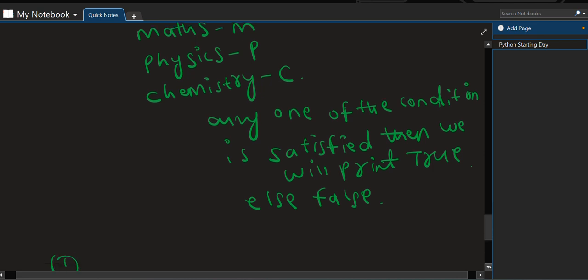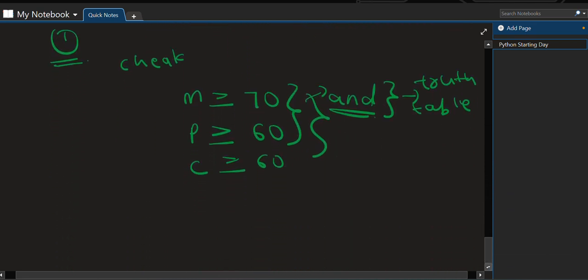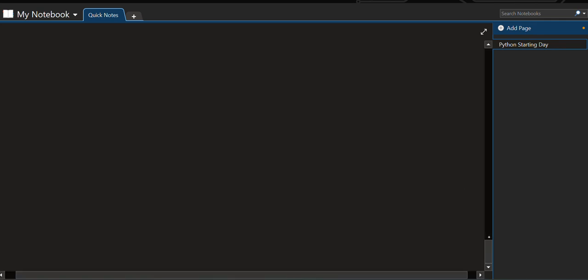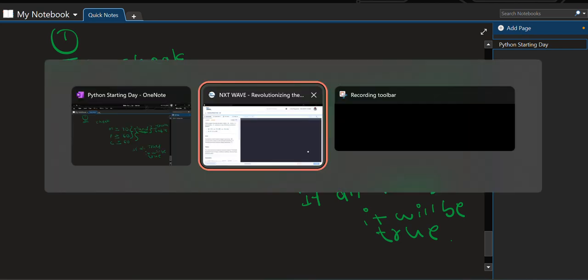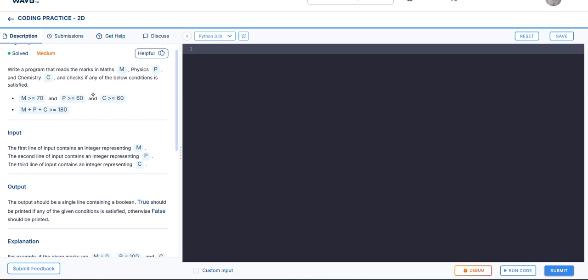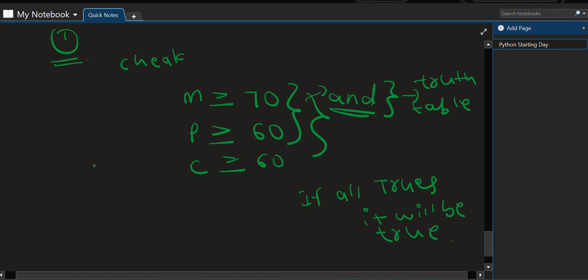An AND gate works like this: if all are true, it will be true. If one is false, it is going to be false. That's why understand the question clearly and look at what they have mentioned. Here they mention and, so we have to apply the and logical operator in between these.